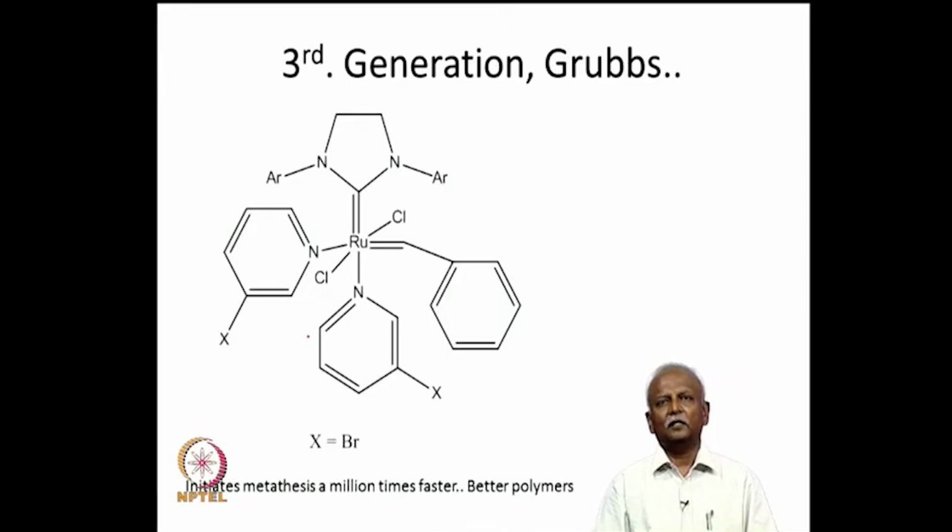This, like I said earlier, turns out to be an extremely important fact for polymerization. If you do metathesis polymerization, which we will talk about in a few minutes, and if there is a long initiation time for the catalyst to start functioning, then you will end up with polymers with a wide polydispersity, which is undesirable.